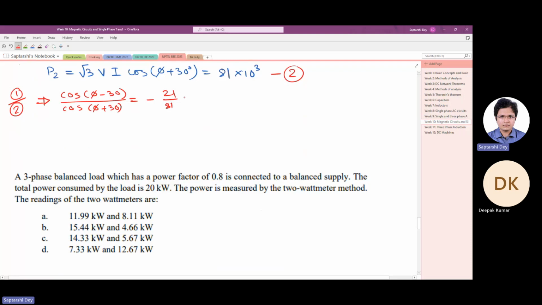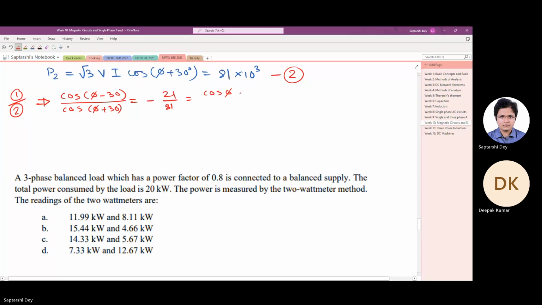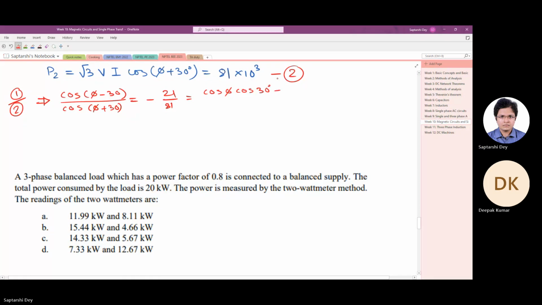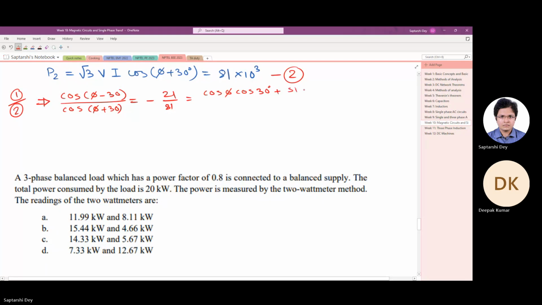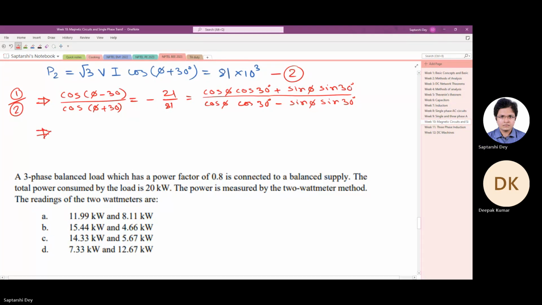Now cos phi minus 30, we can write cos phi cos 30 plus sin phi sin 30, by the same thing with a minus sign. So what is the next step, Deepak? It's componendo dividendo.